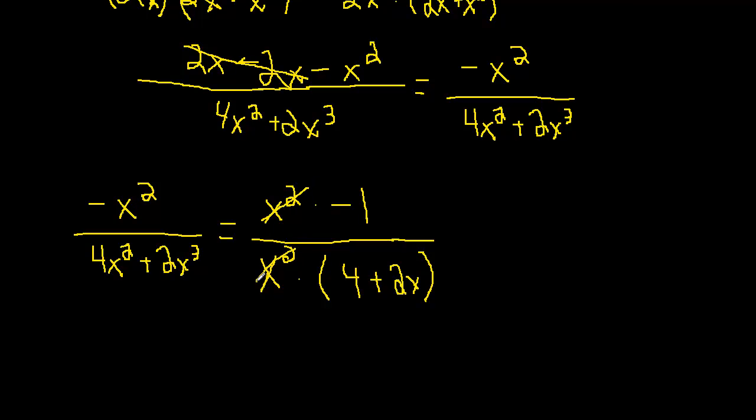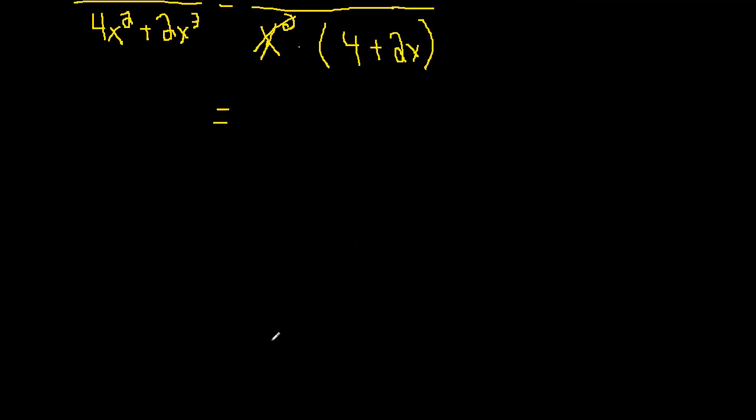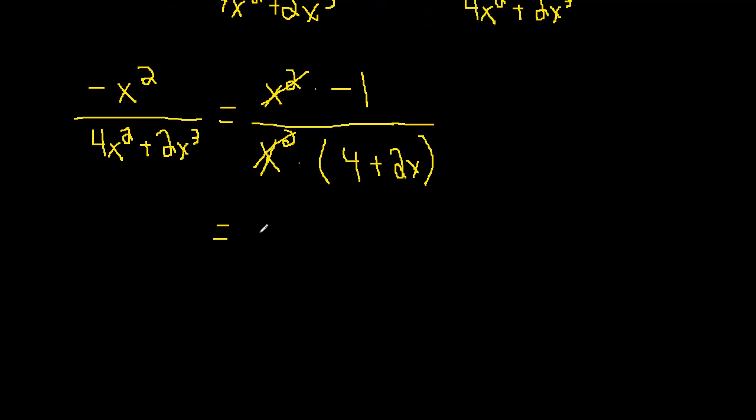So I'm going to go ahead and cancel these. And now this is going to be equal to negative 1 over 4 plus 2x. Now I'm going to write in the limit as x goes to 0 that I've been ignoring the whole time.